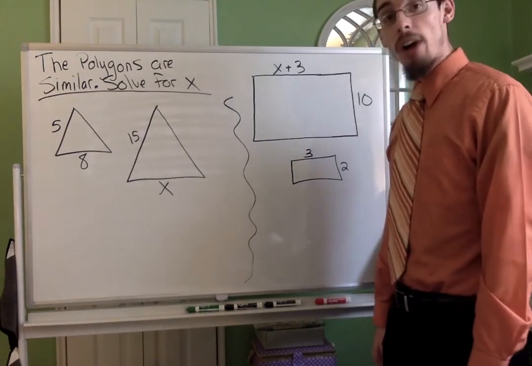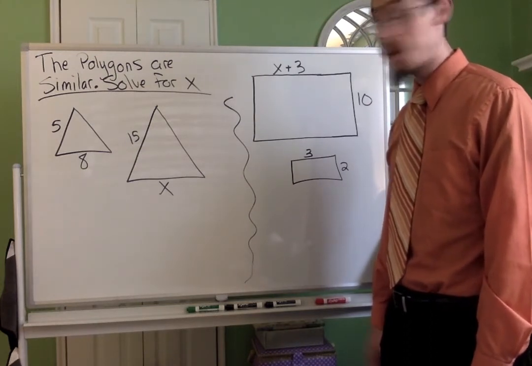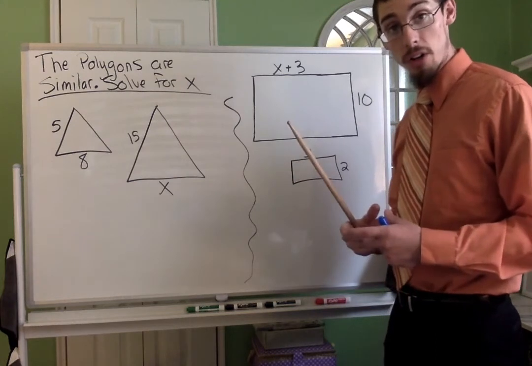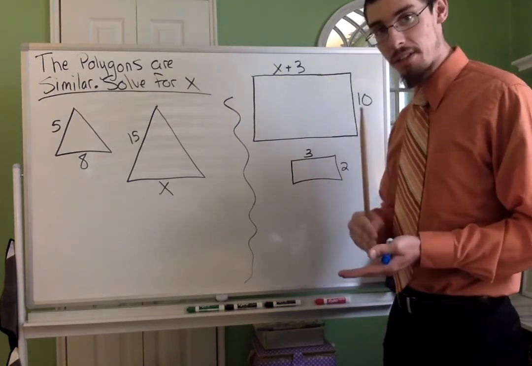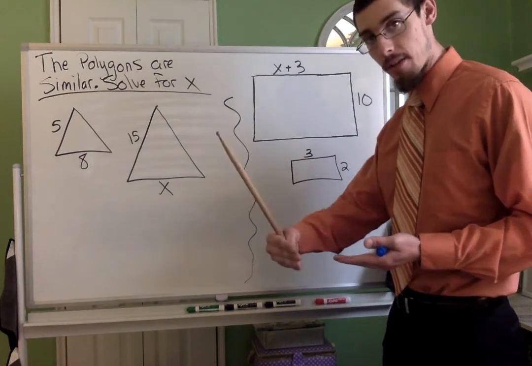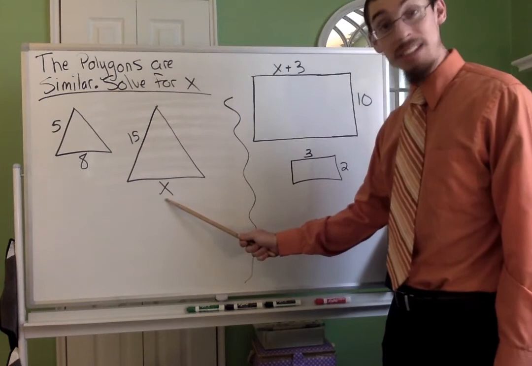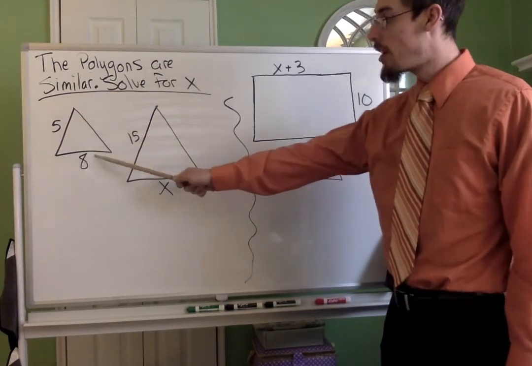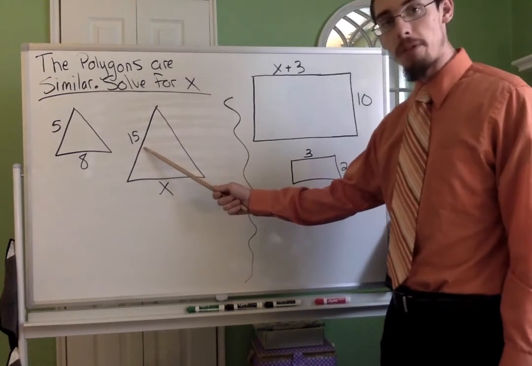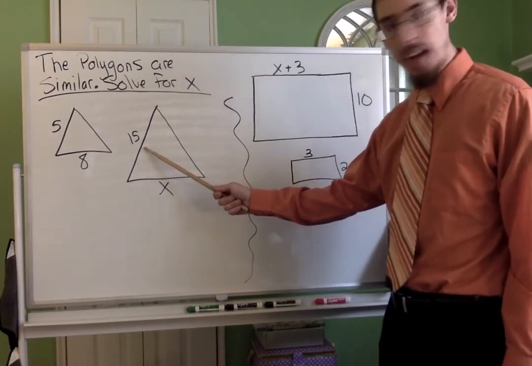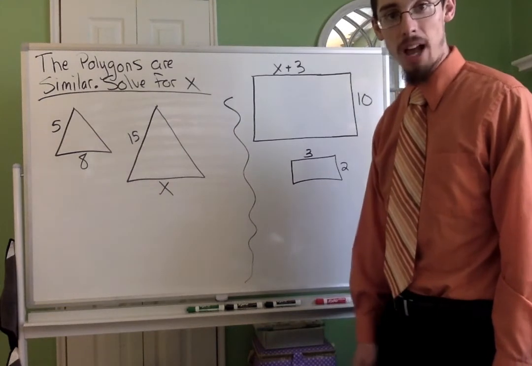Now, in our examples, the shapes are going to be drawn so that each side matches that same side. What do I mean by that? You see the x? Since that's the bottom of the triangle, it's going to line up with the 8. Since the 15 is on the left side, it's going to match up with the 5 on the left side.